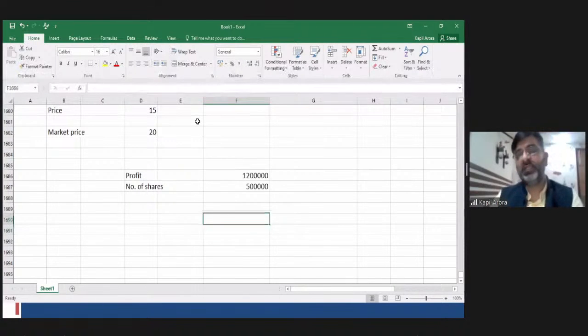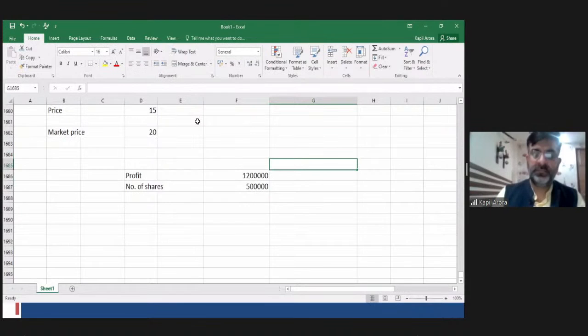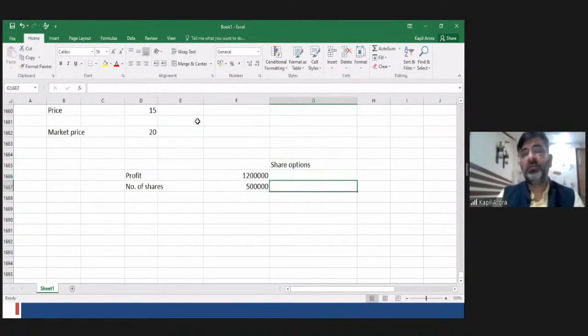The impact of share options once they are exercised would be that it will increase by 1 lakh shares, but since there is no impact on profitability, it will be 0. So number of shares up by 1 lakh, profit increase 0.